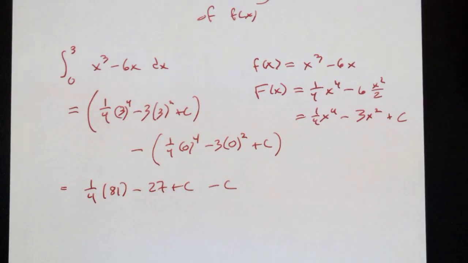No matter what value I pick for C, it's always going to cancel out. So I might as well just leave it off. Let C be 0 and walk away. I don't need it.